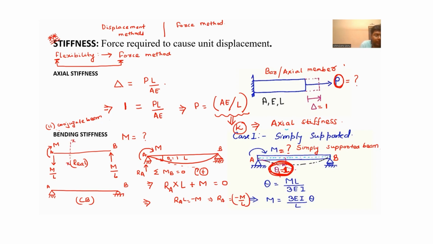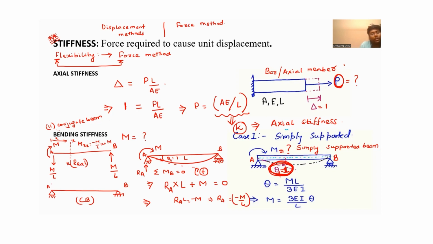Let this section be XX at a distance X. So tell me what will be M at XX at this section. How will your bending moment look?